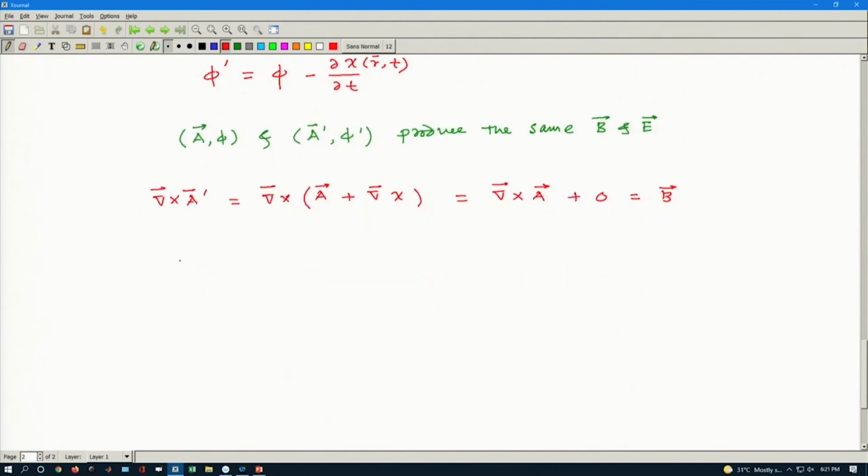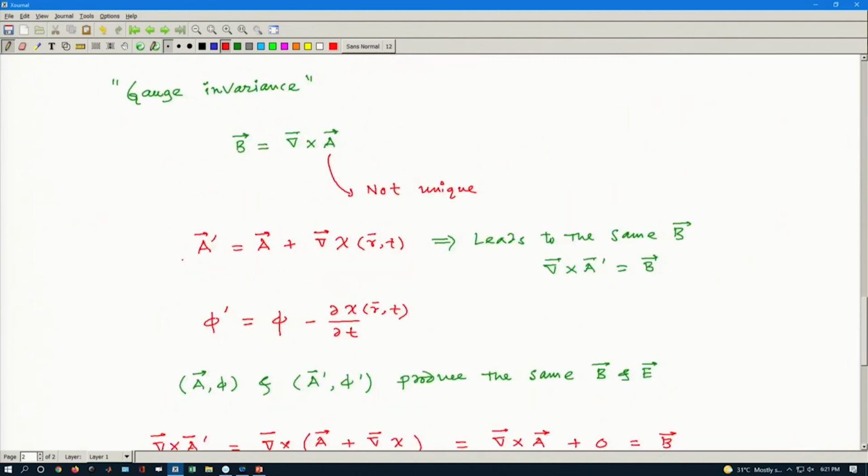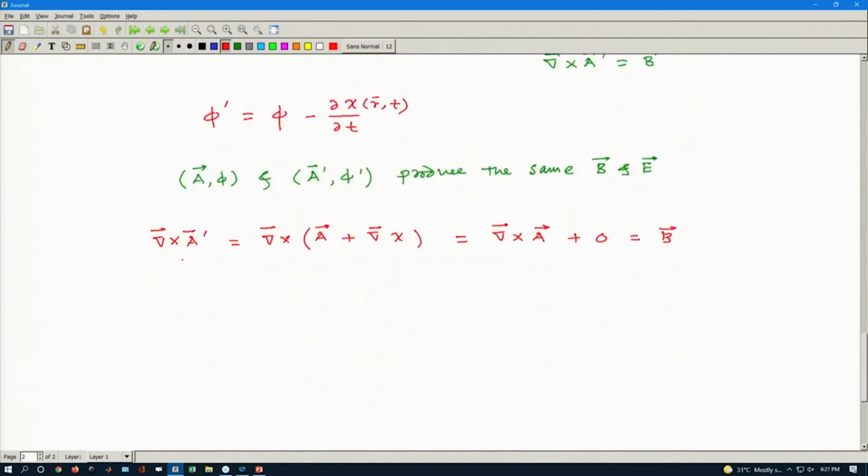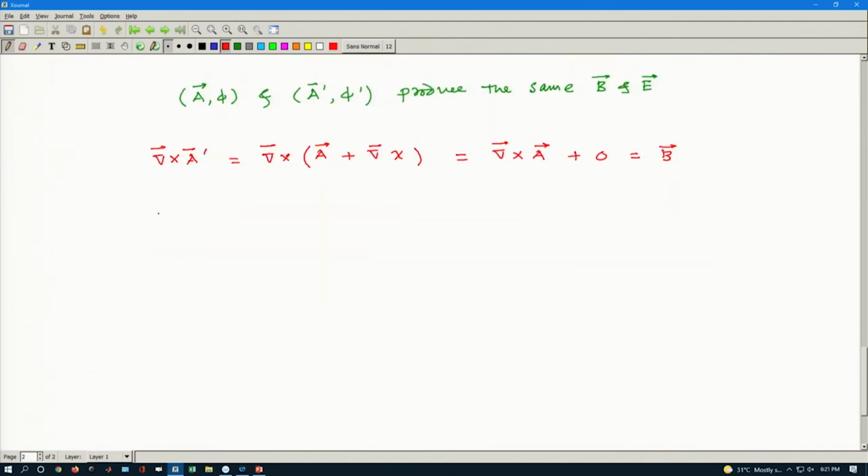What about the E? Because E is, so if I want to find out this quantity, gradient of phi prime minus del t A prime. So, this ideally should give us the same E. So, let us check whether it is giving the same E or not. So, I have this, and then phi prime is my phi minus that quantity.